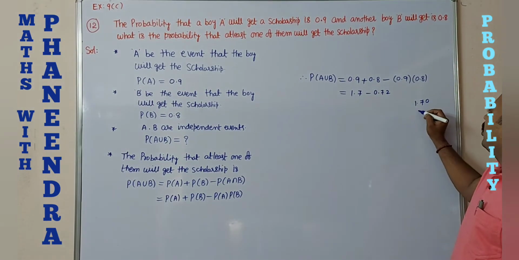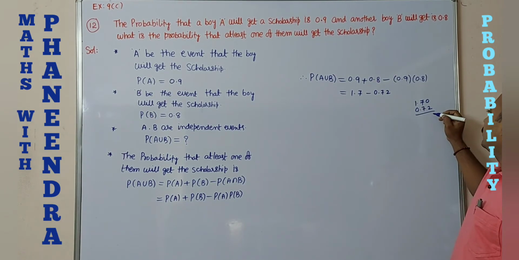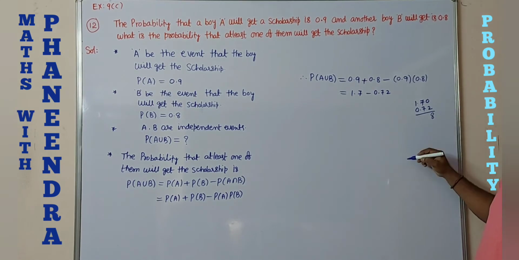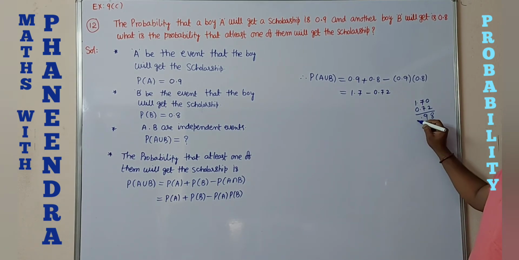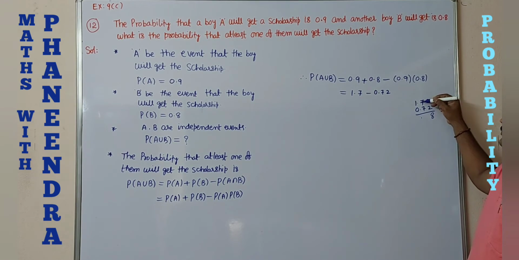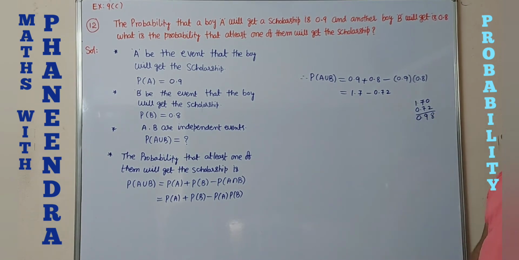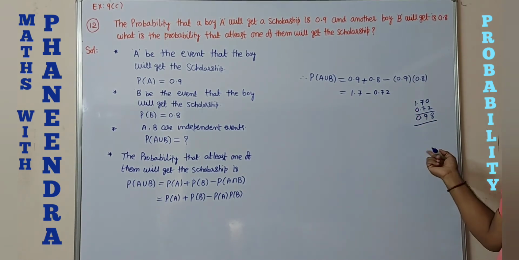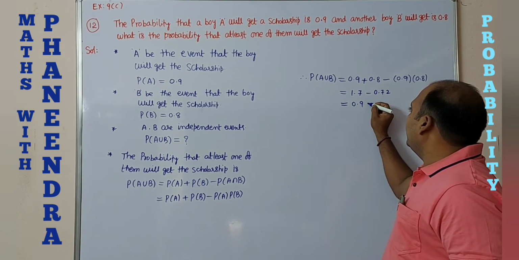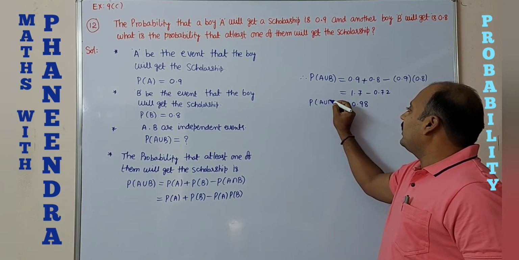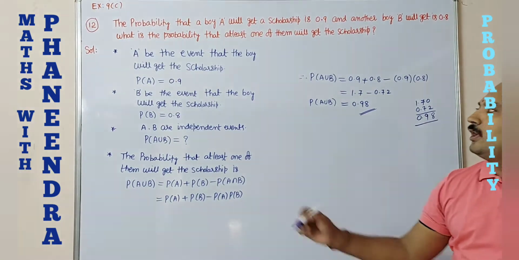So 1.70 minus 0.72 gives 0.98. Therefore, the probability of getting at least one of them is 0.98.